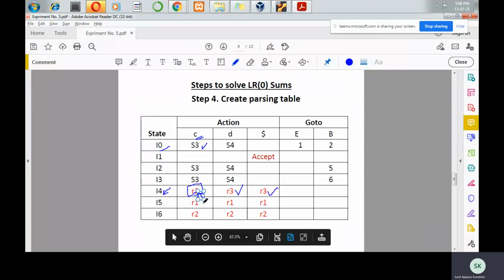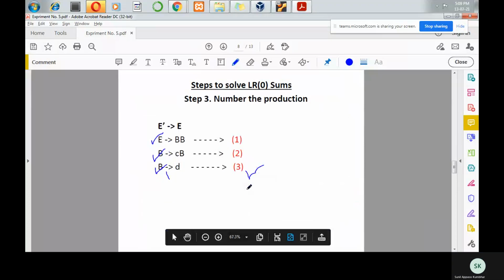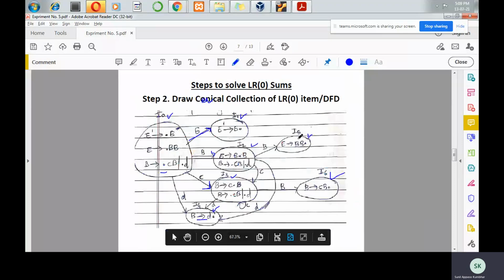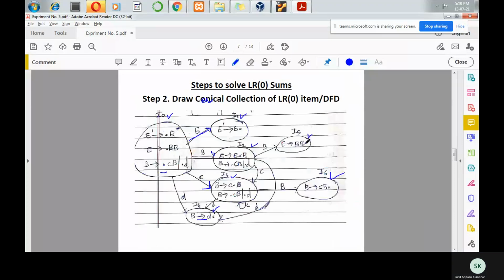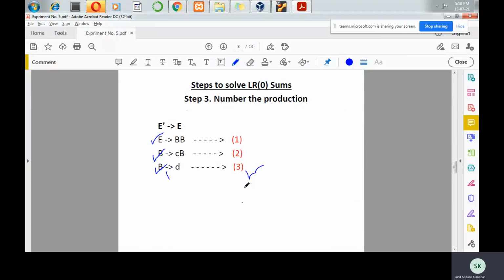Similarly, for state I5, it has again a final item because dot is at the rightmost location of the production. So again the reduced entries are filled with state I5. So this particular production is numbered as 1.